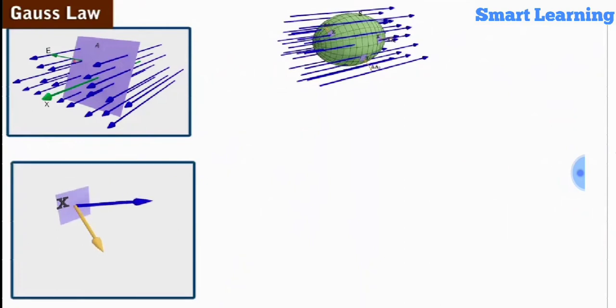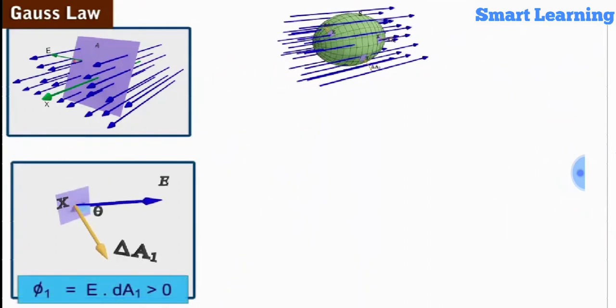The electric flux through the element X is phi 1 equal to E dot dA1. Since the angle between the direction of the electric field E and dA1 is acute, the flux phi 1 through the surface is positive.